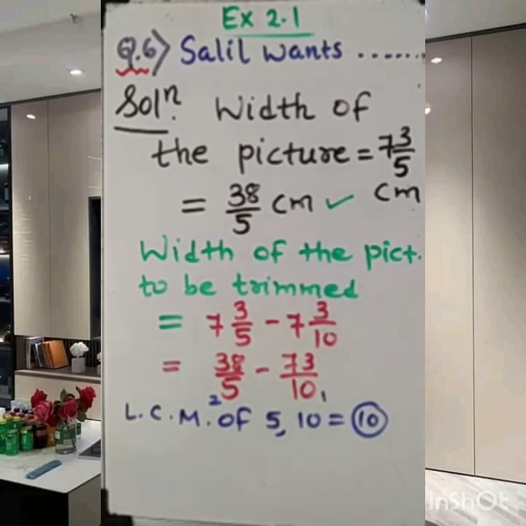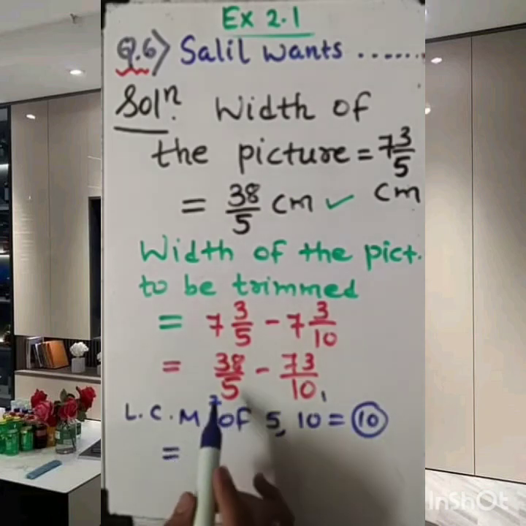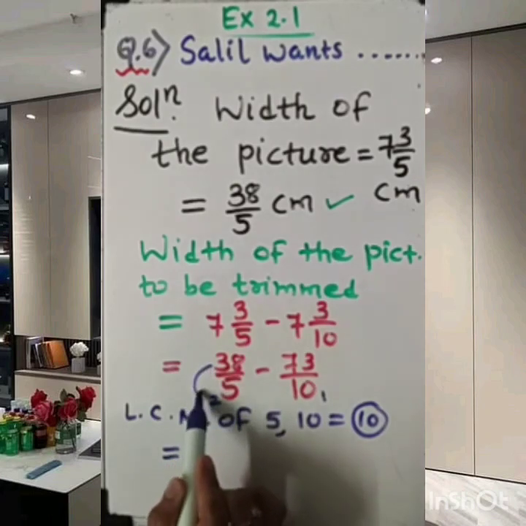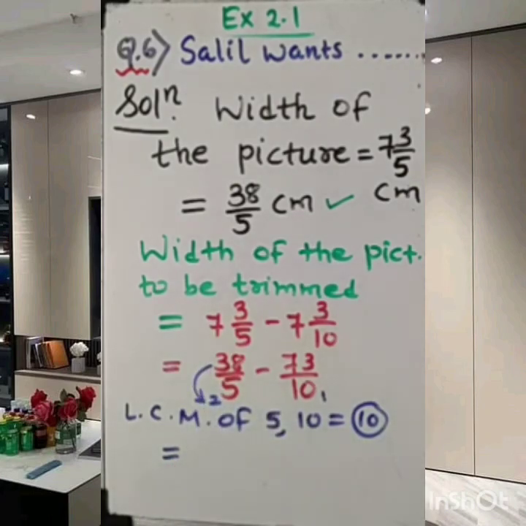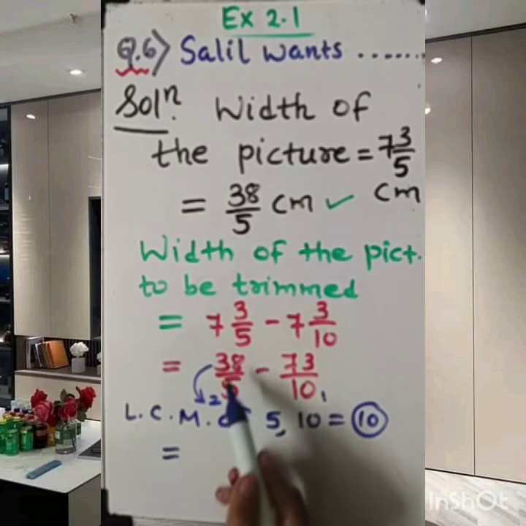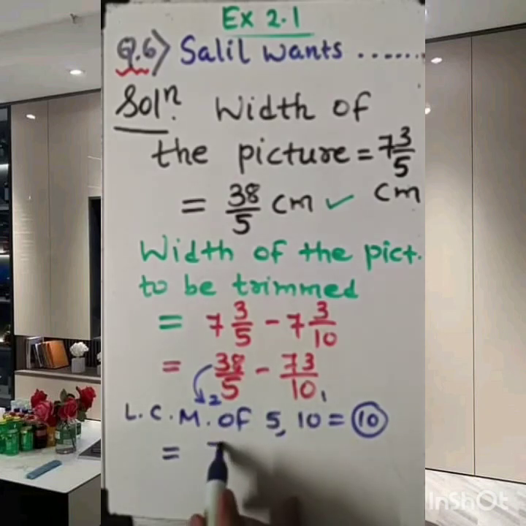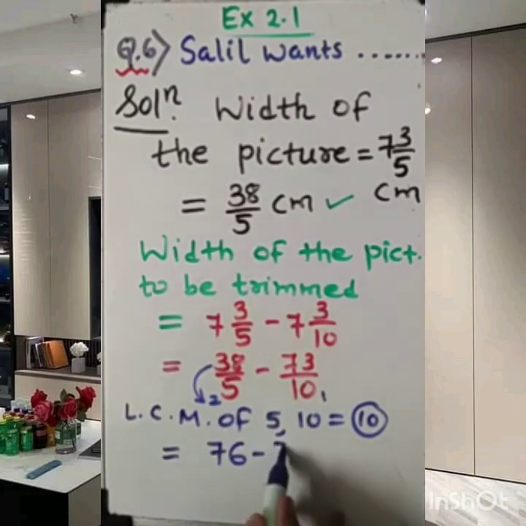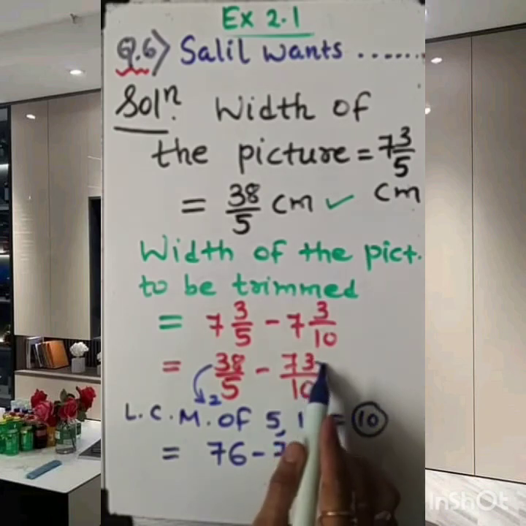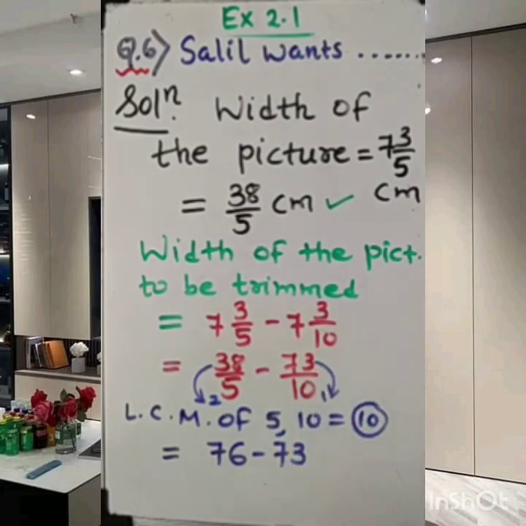Got it? So with the same number I am going to multiply the numerator: 38 times 2 is 76, and 73 times 1 is 73, with denominator LCM 10. Now what is the subtraction? 76 minus 73, that is 3. So it is 3/10 centimeter.